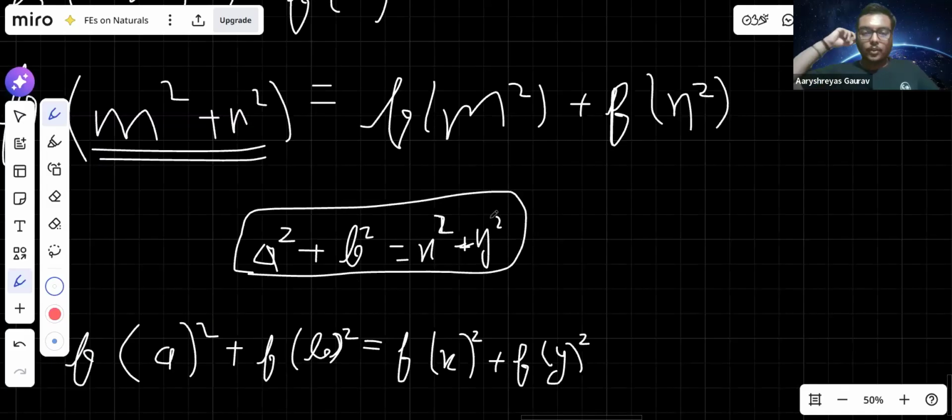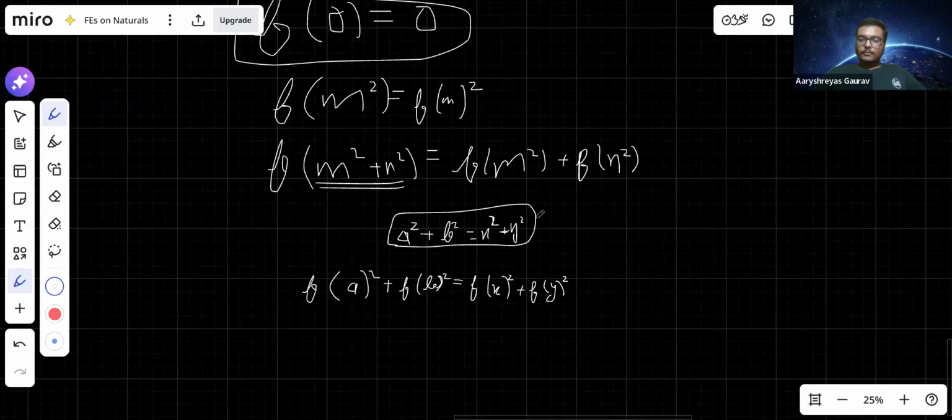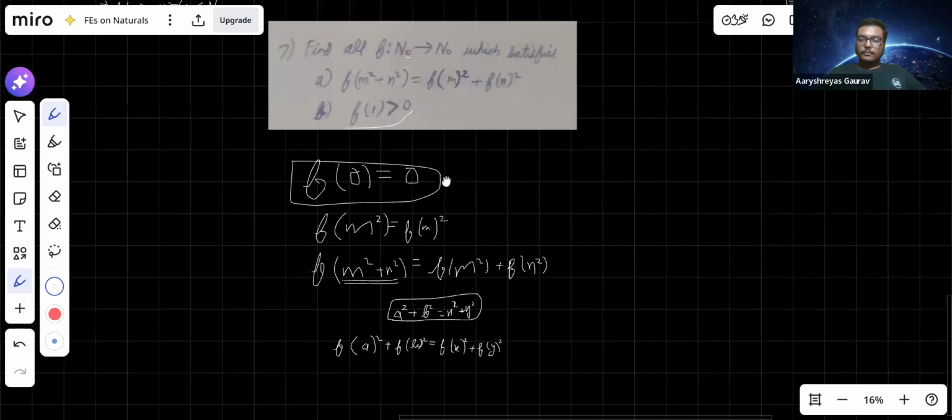We can get Pythagorean triplets. The whole problem is visible now.